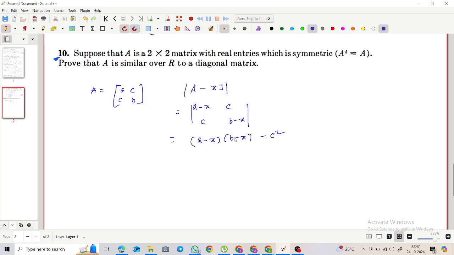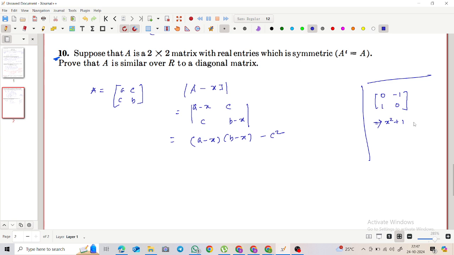Sir, I have a question. A is similar over R to a diagonal matrix. What is the meaning of the statement over R? Good question. Suppose you have been given a matrix, say 0, minus 1, 1, 0. What is the characteristic polynomial? X square plus 1, right?